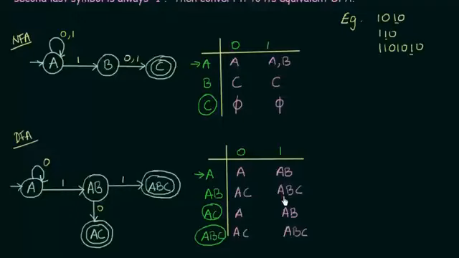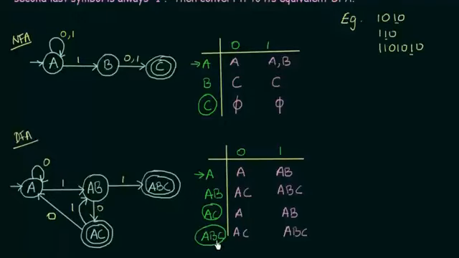Alright. Now let's check for state AC. AC on getting input 0 goes to state A. And AC on getting input 1, where does it go? It goes to AB. Now we have finished AC.